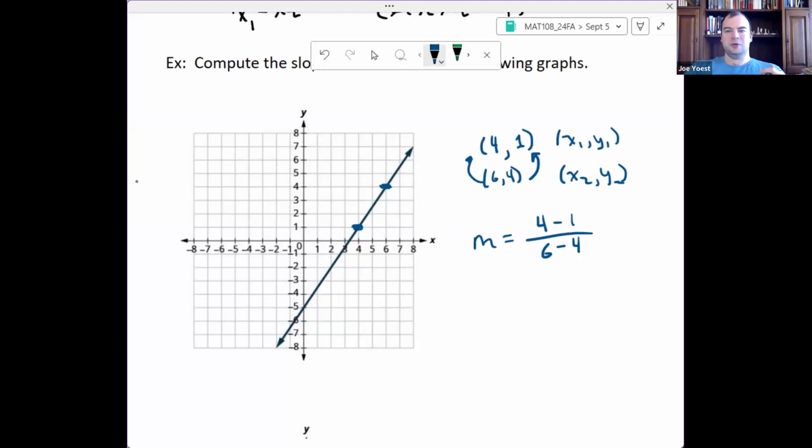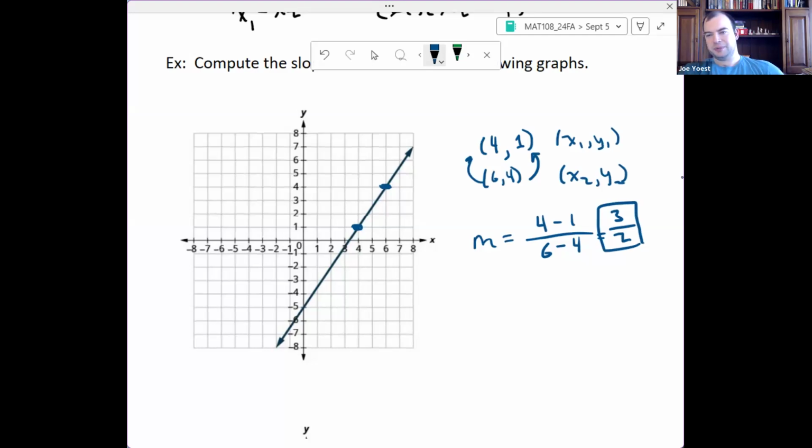Again, if you had labeled point 1 and point 2 the opposite way, and you got 1 minus 4 divided by 4 minus 6, you'd get the same answer. The negatives would cancel, as long as you're consistent. You can't do 4 minus 1 over 4 minus 6 and get the same answer. You would get the negative of the correct answer. But 4 minus 1 is 3. 6 minus 4 is 2. This is a slope of 3/2.